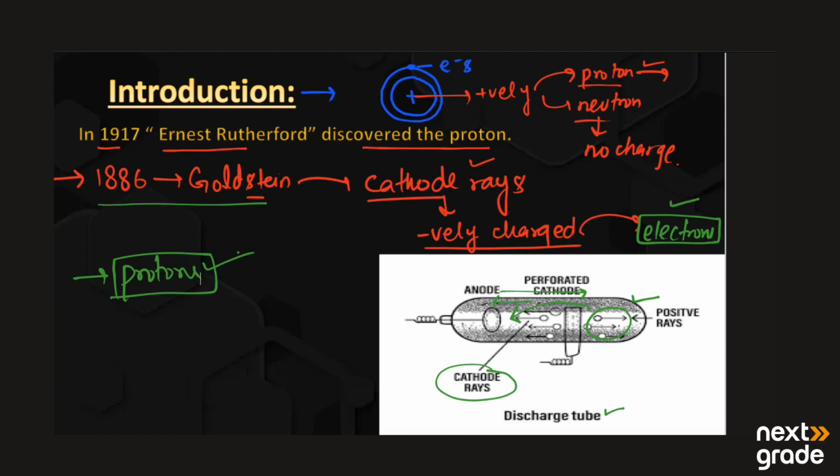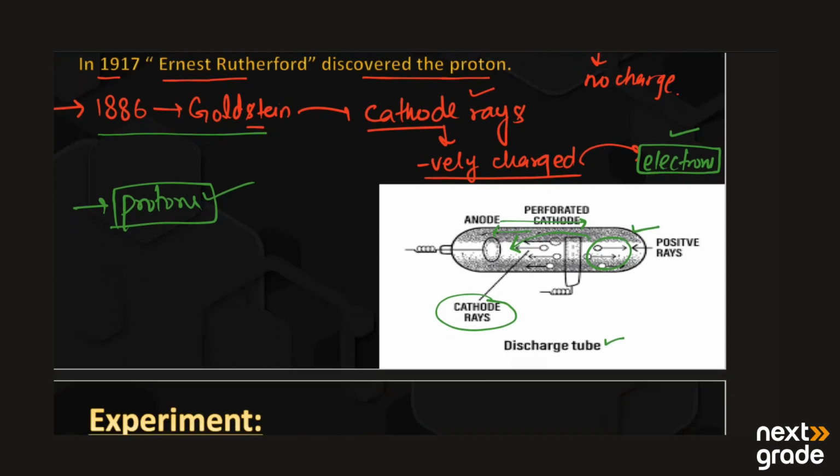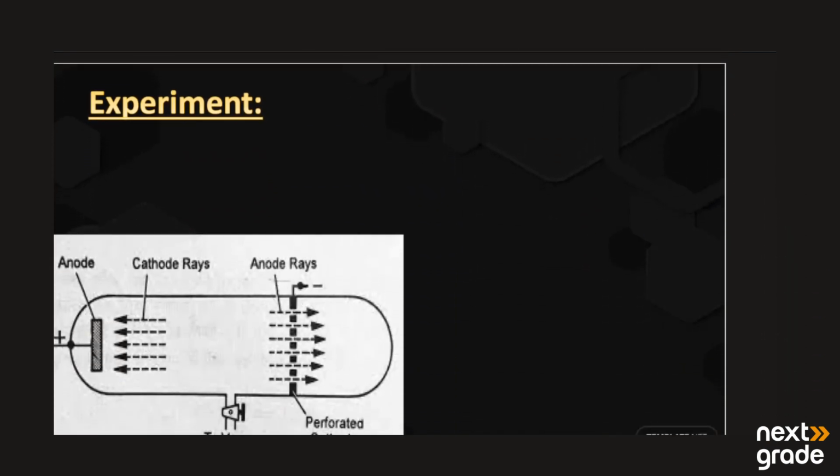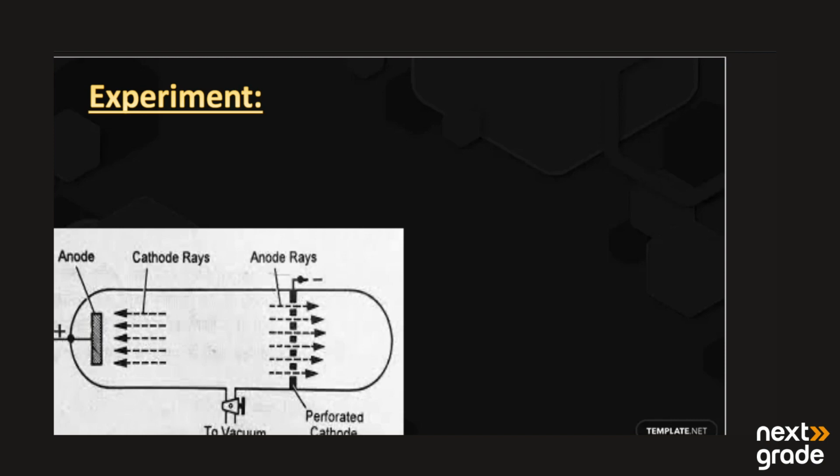Let's start with the main experiment for the discovery of the protons. In the first experiment, Goldstein took a perforated cathode. Perforated means it had holes.